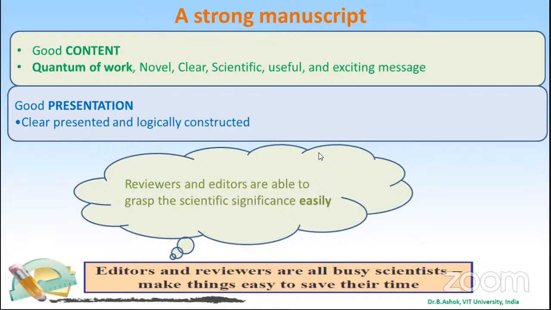For example, most of the papers I take for review simply plot the results and do not explain them. Just 50 words or 100 words, that's all they have explained. Results need to be explained in a very wide manner. That is the main thing, and that's what good content is.